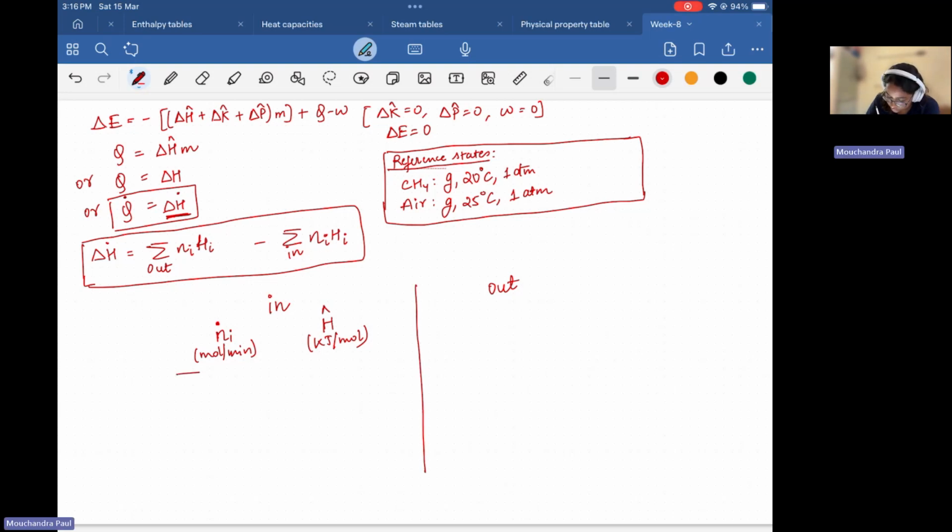And in the same way for out, similar quantities.